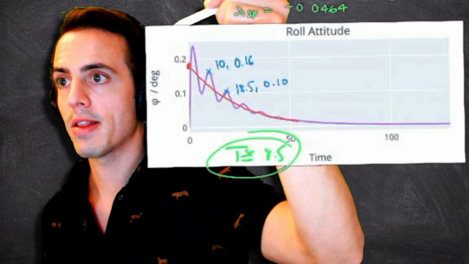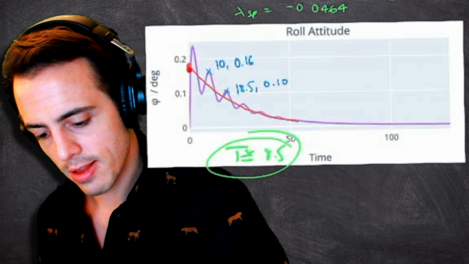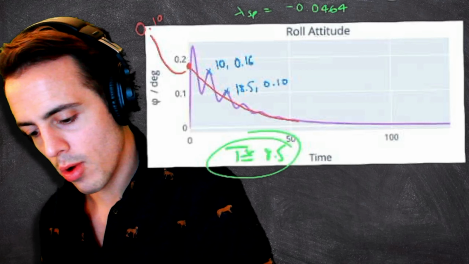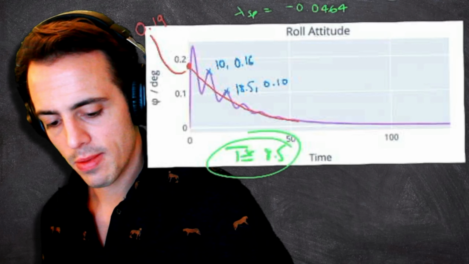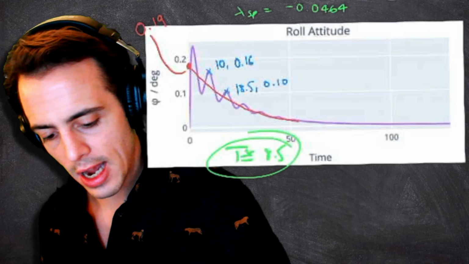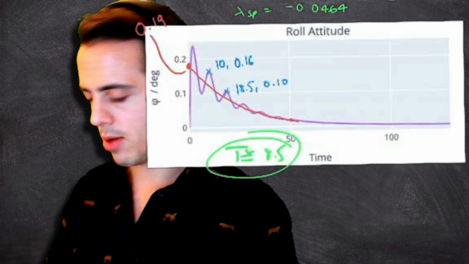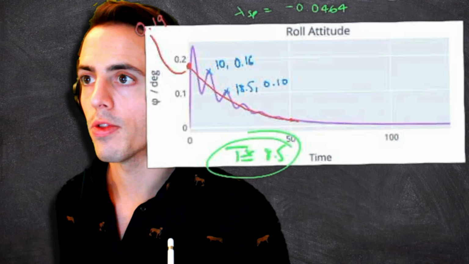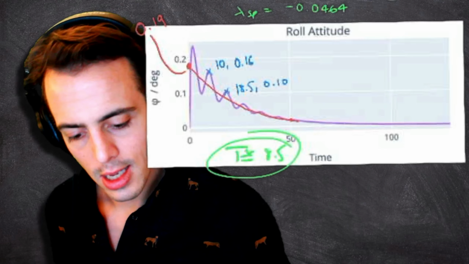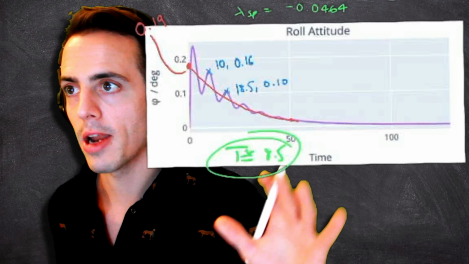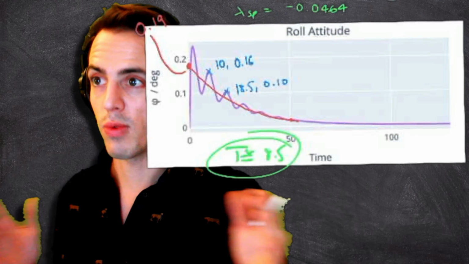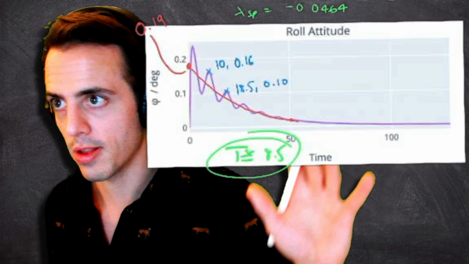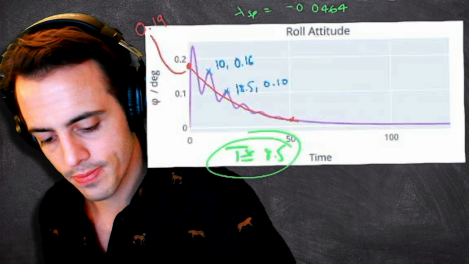So the spiral mode is this exponential decay that intercepts at about 0.19 and then exponentially decays until it reaches some value at, let's say, 50 seconds. And we can pick that off. This is the point where the Dutch roll has pretty much died off on this graph, and you can sort of estimate it. If I were to ask you to do this in an examination, I'd give you a much prettier graph with lots of discrimination and with grid lines, so you could determine it, but I'm going through this example where I've got access to the data as well.